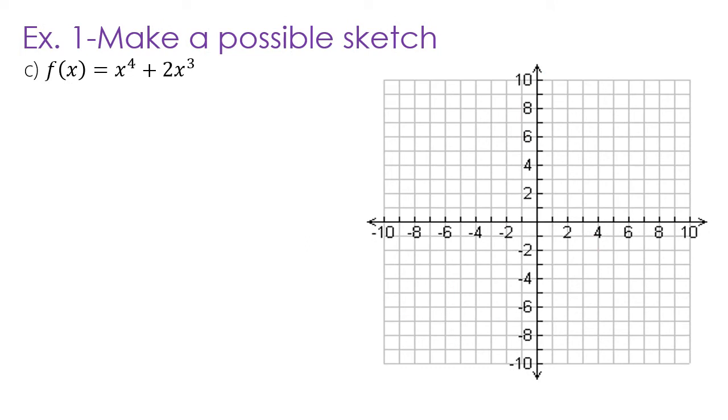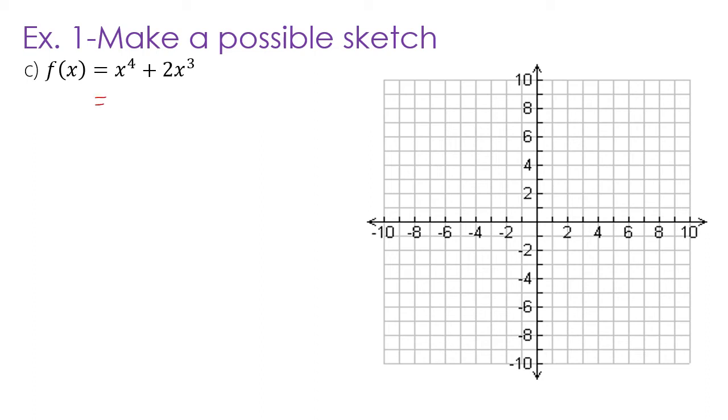Our next one, C. This looks a little bit different. This is not in factored form. That doesn't mean you can't graph it, or make a sketch of it. It means that you've got to factor it. So let's go back to our factoring skills.